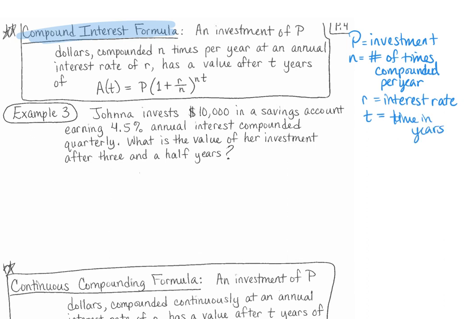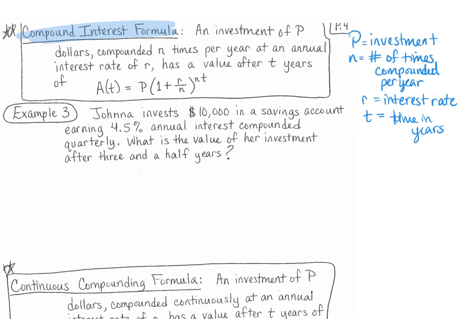Okay, so let's look at an example. Jonna invests $10,000 in a savings account, earning 4.5% annual interest compounded quarterly. What is the value of her investment after 3.5 years? So, what do we know?